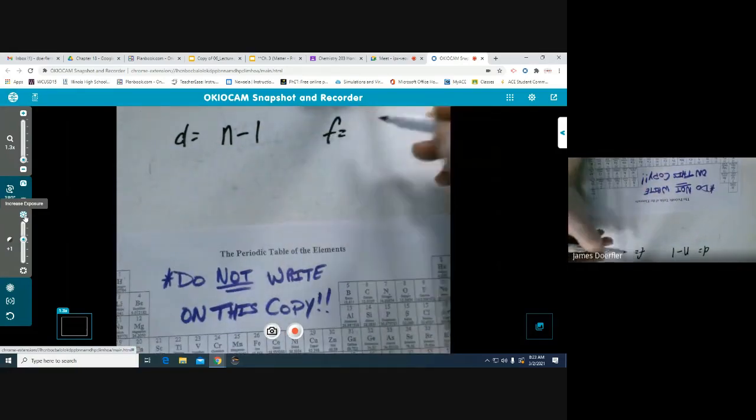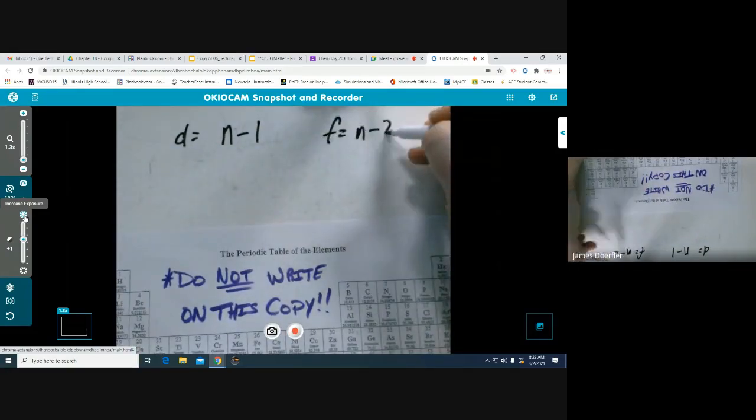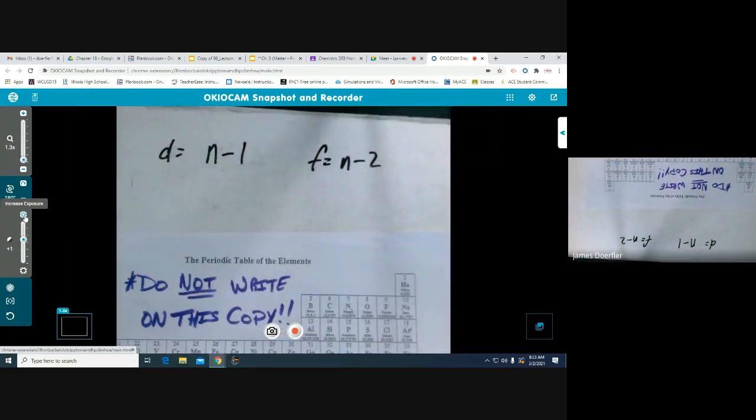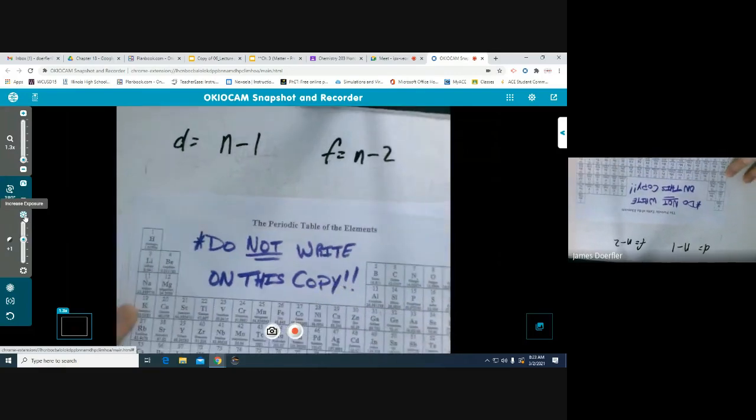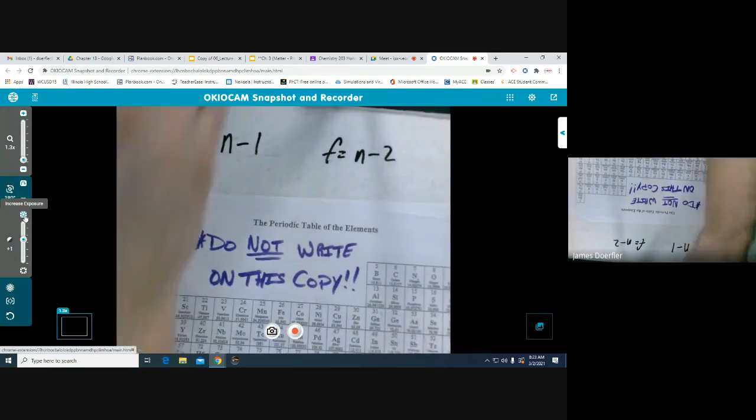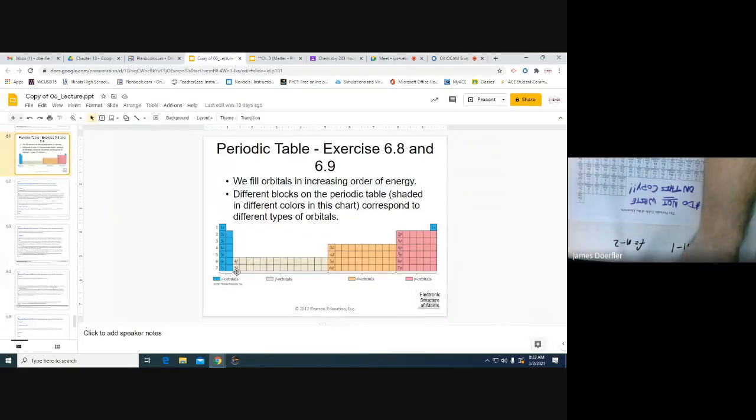F block is N minus 2. Okay? So, again, going back to this slide, you're going to encounter the F orbitals before you encounter the D orbitals and then the P, okay? So, it's just going in order.